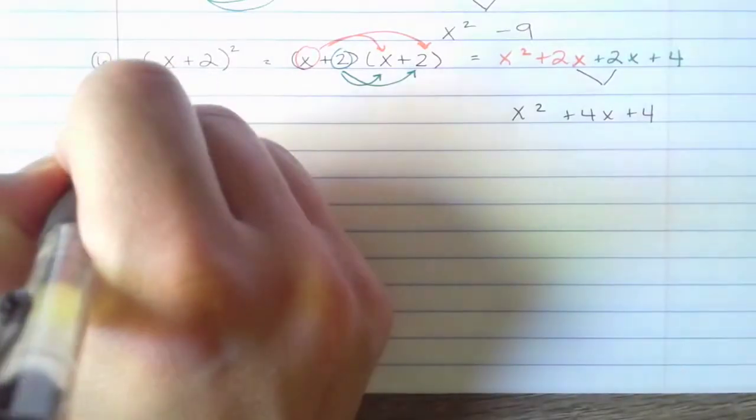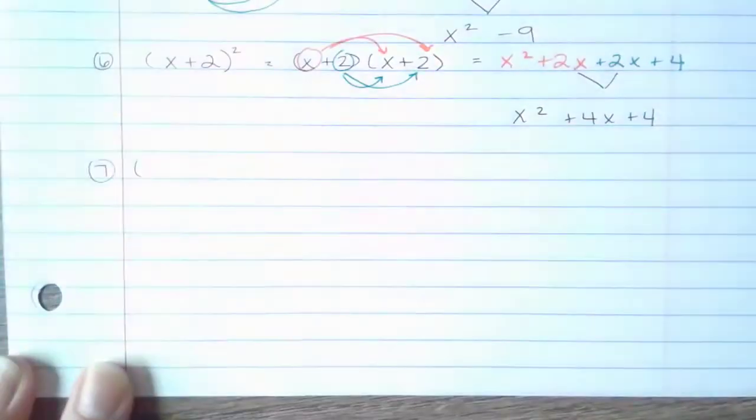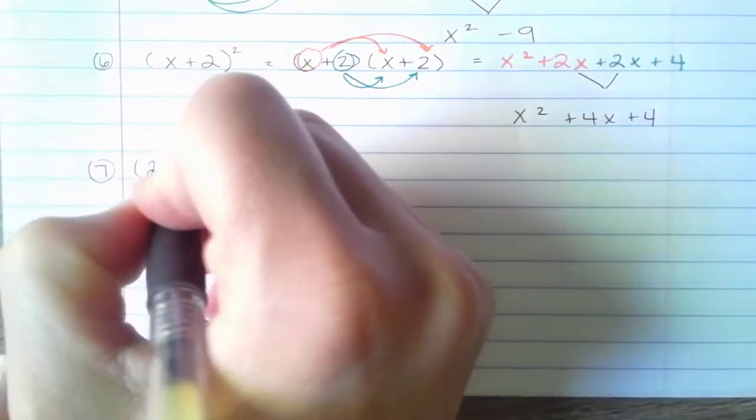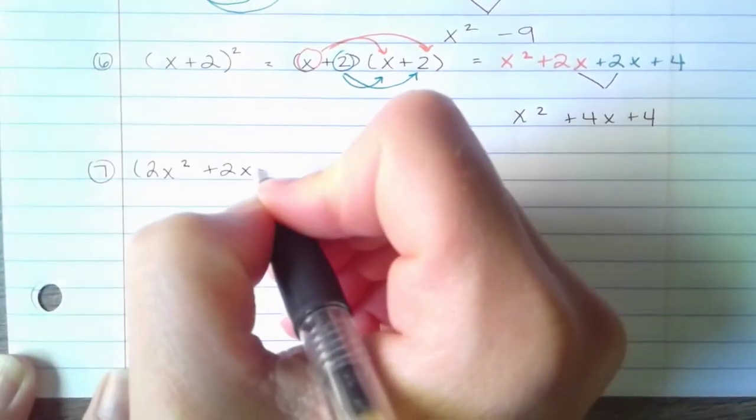So number 7. Number 7 might look a little bit crazier, but it's the same process. I'm going to say that a million times, but I'm going to keep saying it. It's the exact same process. We're going to do a trinomial multiplied by a binomial. My trinomial is 2x squared plus 2x plus 1.